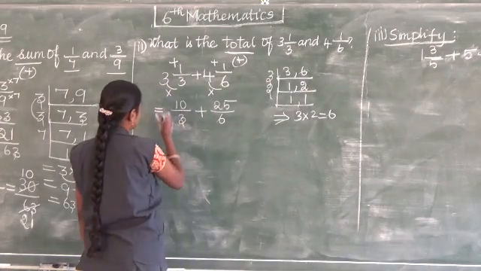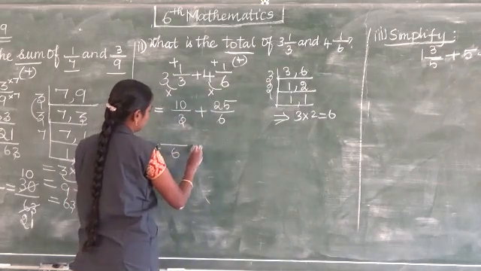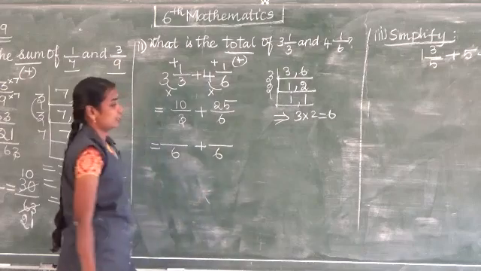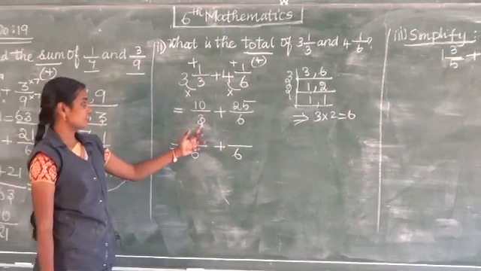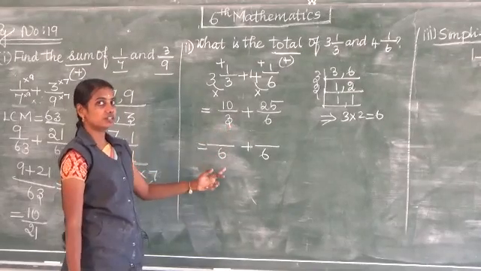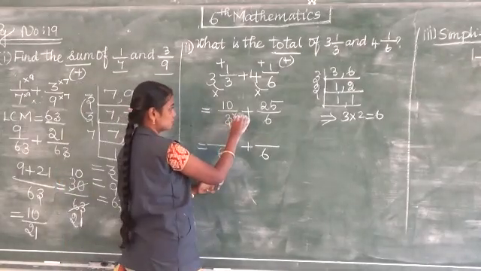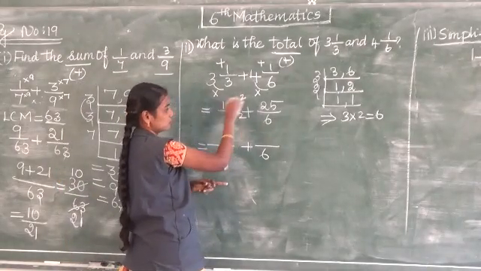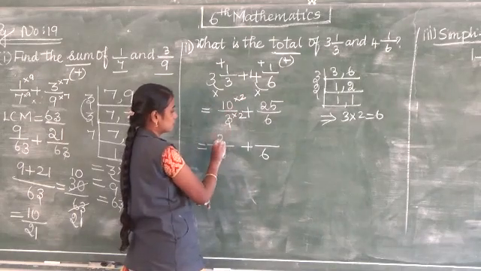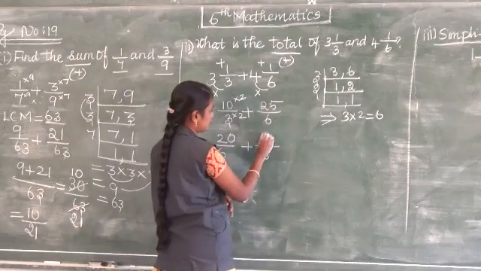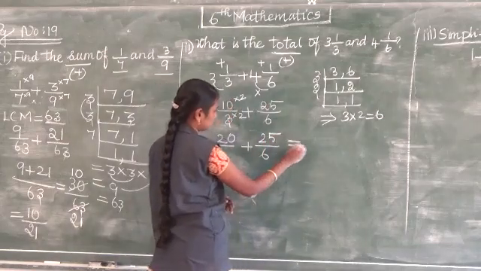Make the denominator the same as 6. Before it was 3 only. So 3 table, how many times will 6 come? 2 times. Here also multiply by 2. 3 2s are 6, 10 2s are 20. Here write as it is, 25.